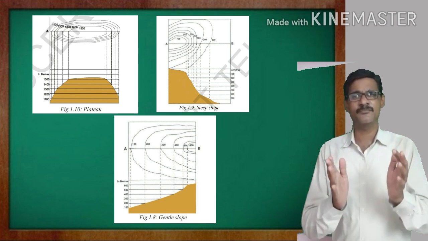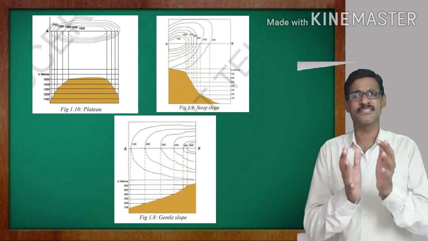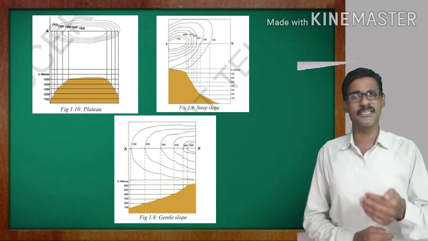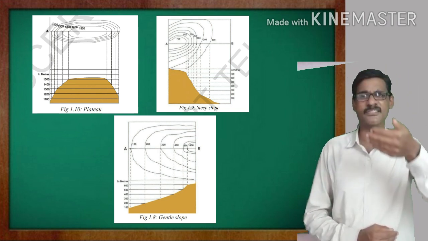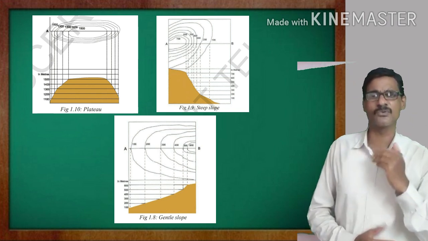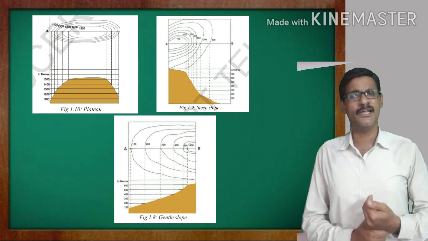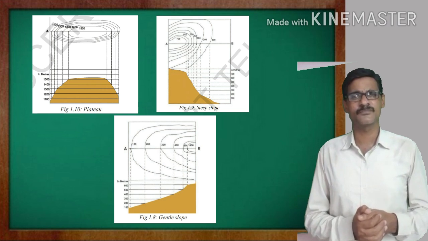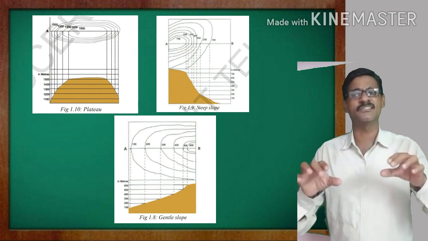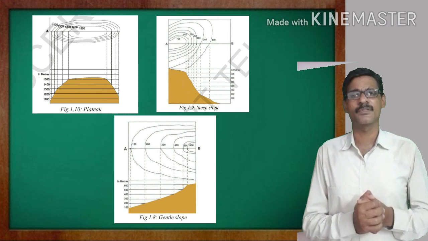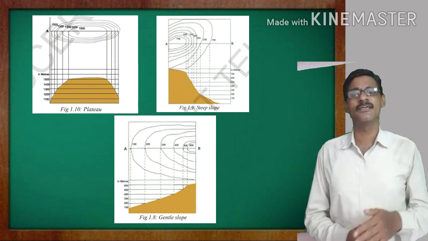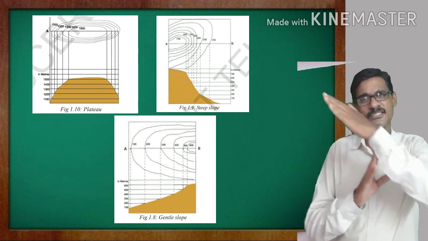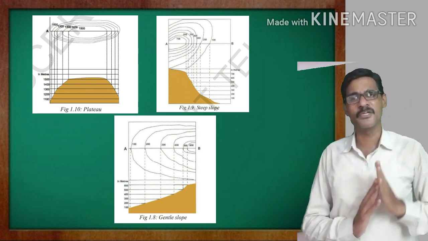When the distance between two contour lines is very little, the landscape is steep in slope. And when the contour lines have more distance between them, the landscape is gently sloped, not completely steep.